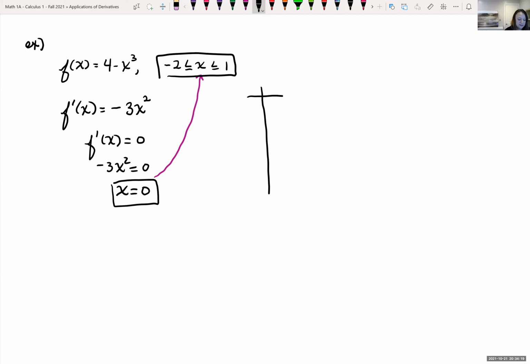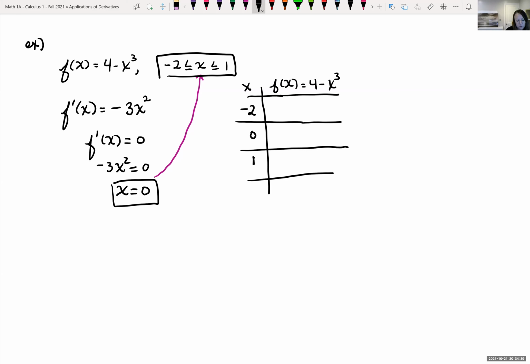So we want to test values -2, our critical number 0, and our other endpoint 1. Plugging our x values into our original function, we're going to see which x values give us back the largest y value and which gives us back the smallest y value.